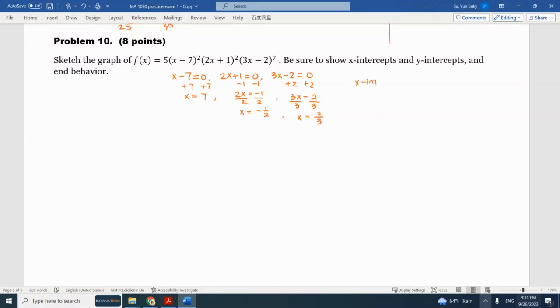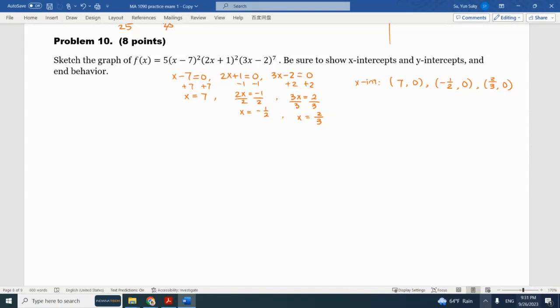So you can say the x-intercepts, they are points. X-coordinate is 7, y-coordinate always 0. X-coordinate minus 1/2, y-coordinate 0. X-coordinate 2/3, y-coordinate 0. So we have the x-intercepts.